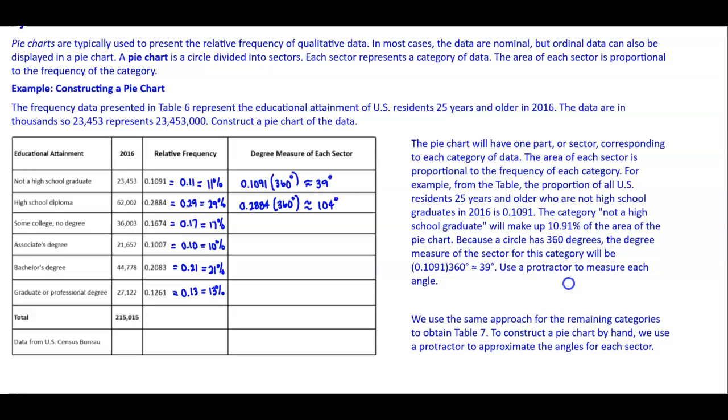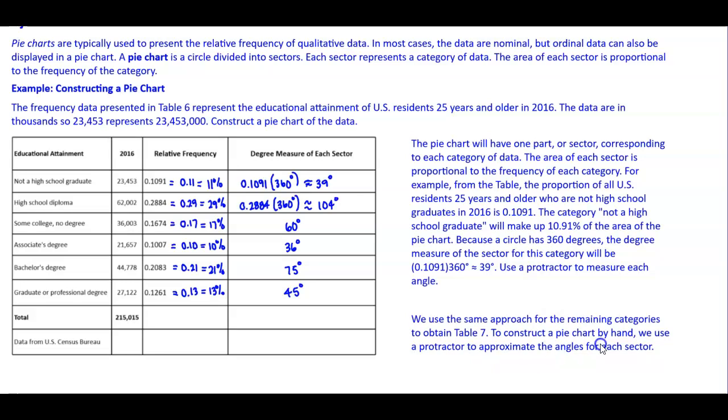If we continued on, we would get 60 degrees, then 36 degrees, then 75 degrees, and then 45 degrees. So we're going to use the same approach for the remaining categories to obtain Table 7.